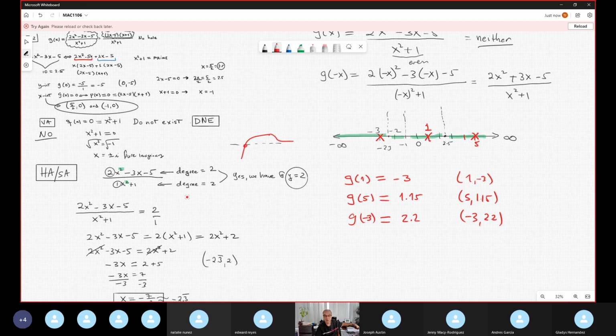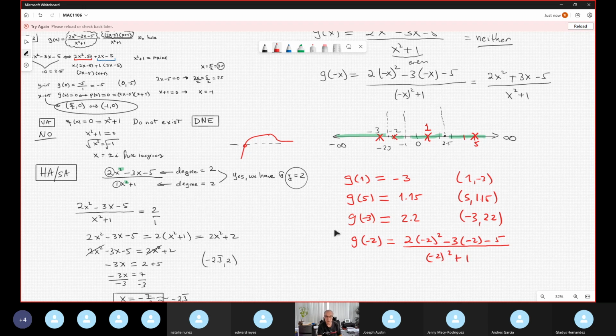Let me try. For example, I forgot in my paper, one interval here. Maybe negative 2. Okay, let's do it by hand. I pick negative 2: negative 2 squared minus 3 times negative 2 minus 5, divided by negative 2 squared plus 1.